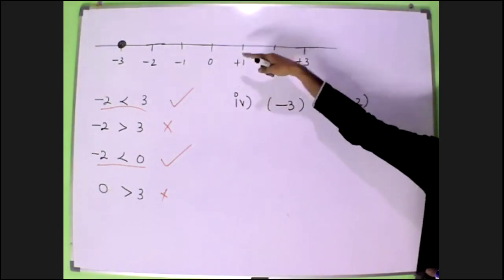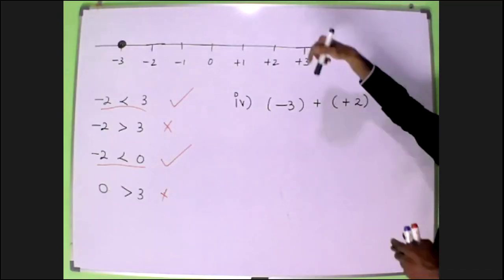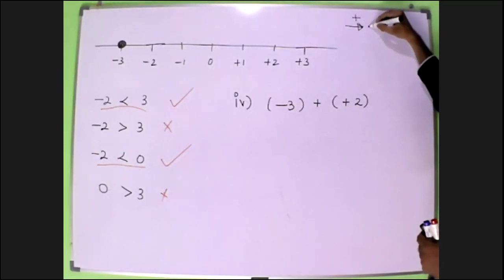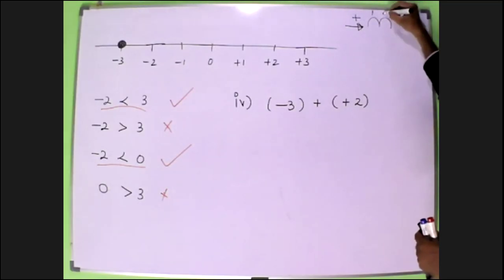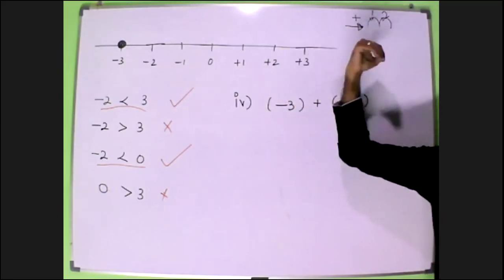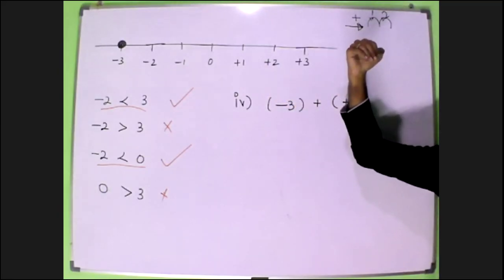When you are adding positive 2, you need to go to your right hand side, because the right hand side is the positive side. And how many times? 1, 2. You have to jump 2 times to your right.